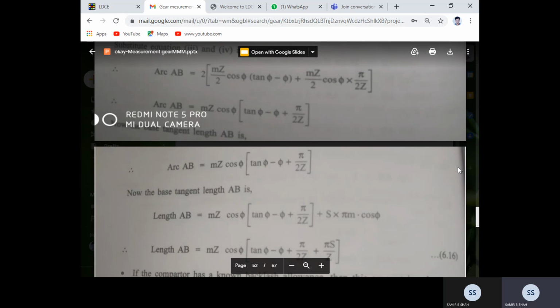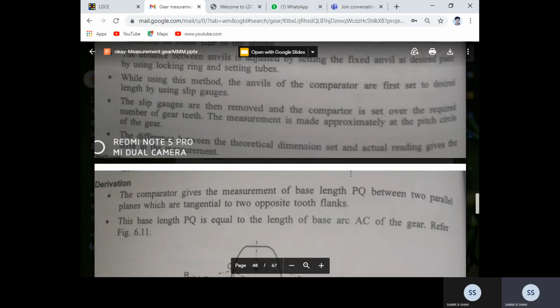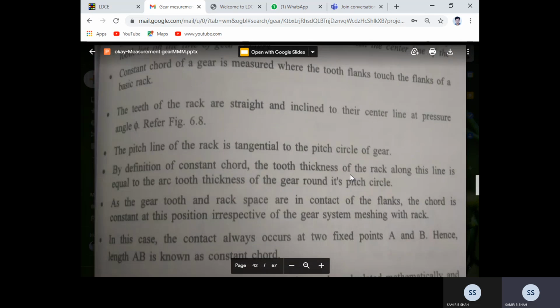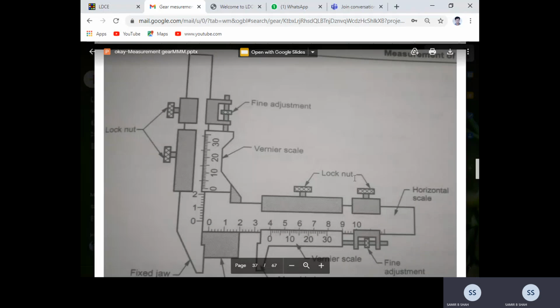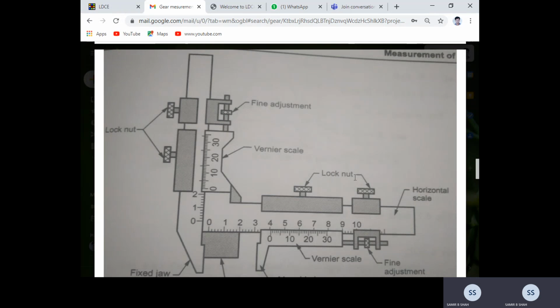As we know, there are four basic methods to measure gear tooth thickness. The first is the gear tooth vernier caliper. As we discussed earlier, I showed you with the diagram how to draw it and how to measure the gear tooth thickness with the help of a vernier caliper.